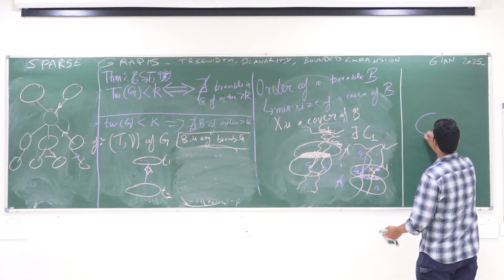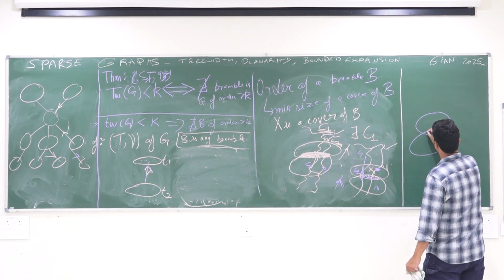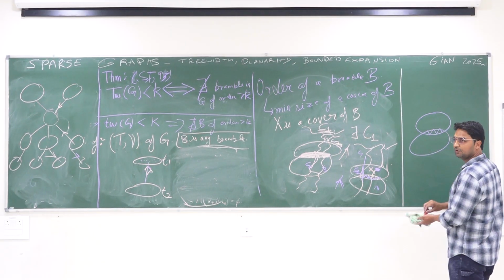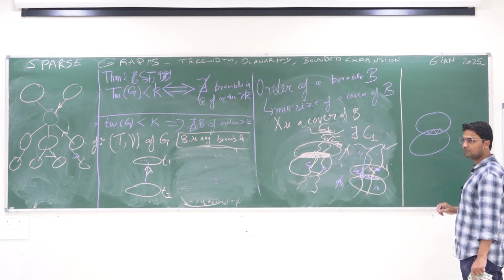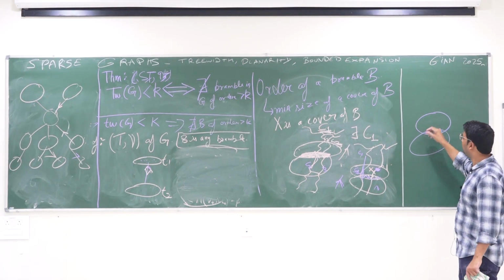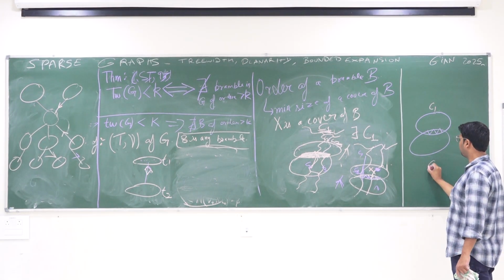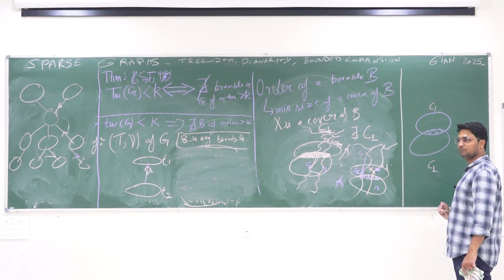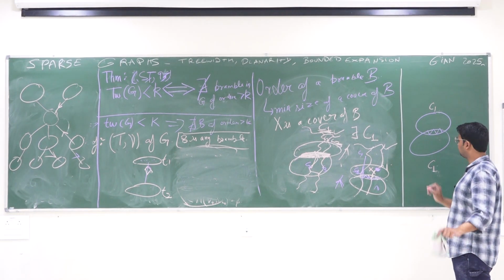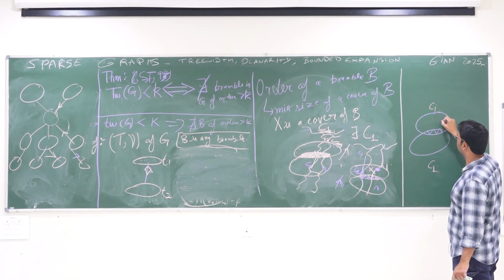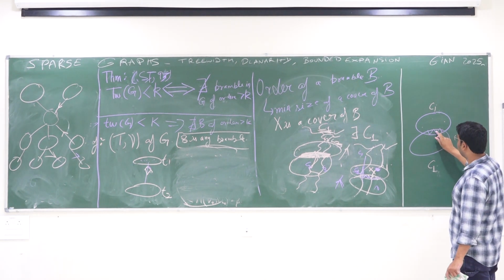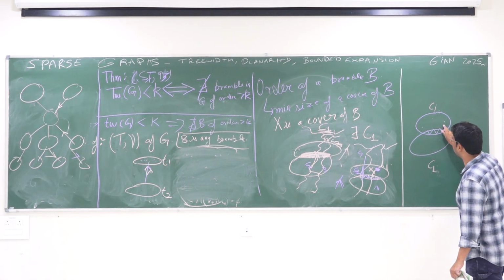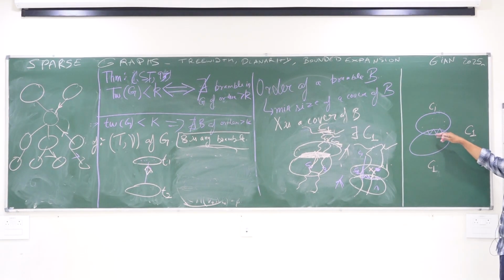So, let's say this is my set, and this set does not hit C1. Because it's a separator, C1 lies either here or here. It could be anywhere there, but not in the intersection. If it's not in the intersection, it lies exclusively towards one of these two.